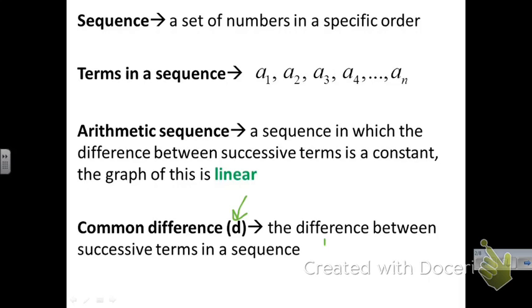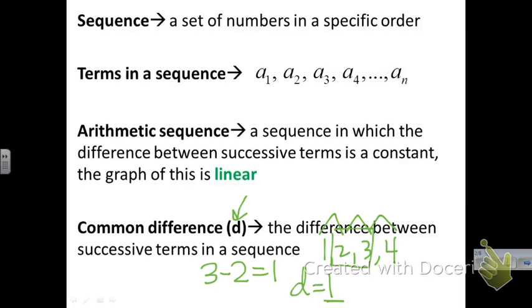We use the D to represent difference. If we took these two terms, 3 minus 2 would give us 1, and we would say that the common difference between these values is 1. Another way to look at it is, what are you going to do to get to the next term? We would add 1 to those terms to get the next term.